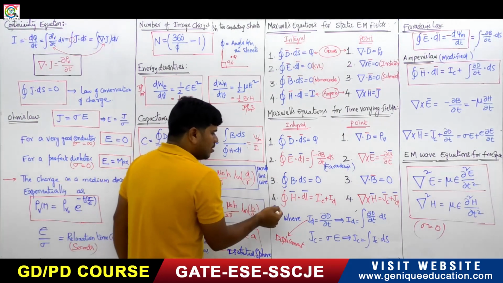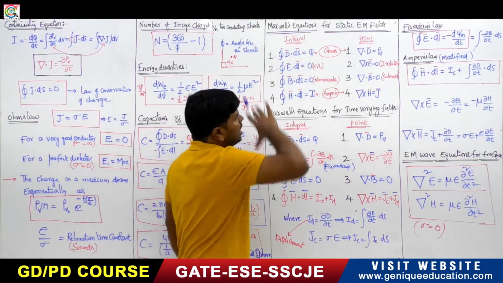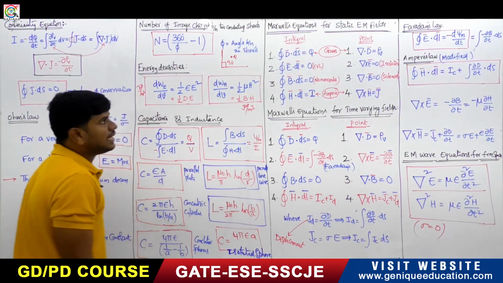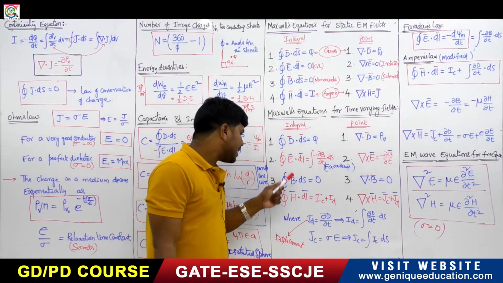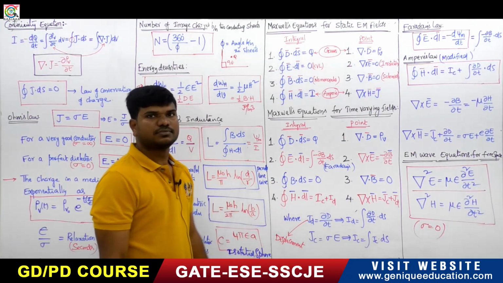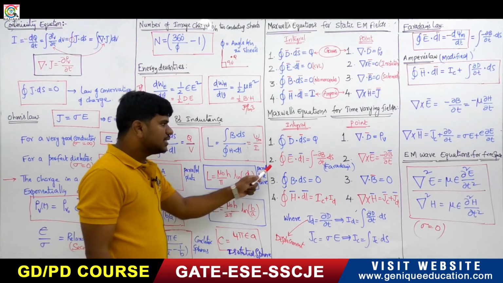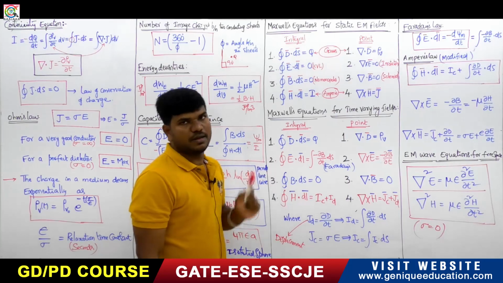So the first and the third equations remain the same. They are as it is for the static electromagnetic fields. But the second and fourth equations are modified for the time varying fields, because they are explaining the time varying currents and time varying voltages.